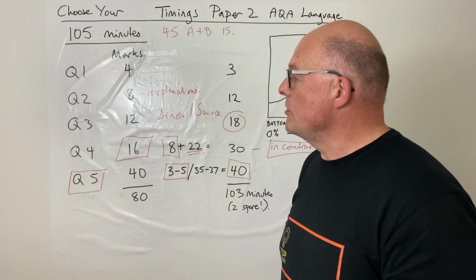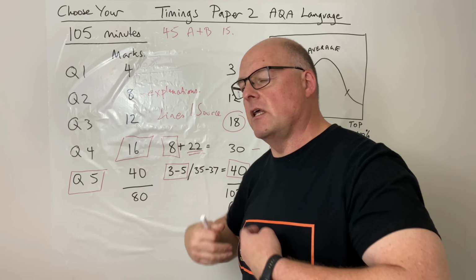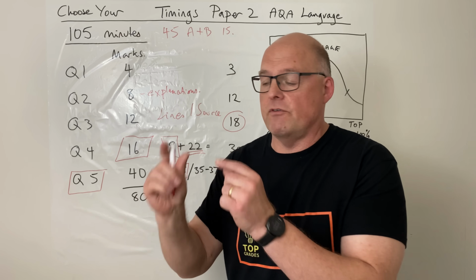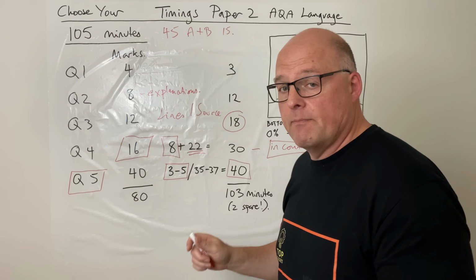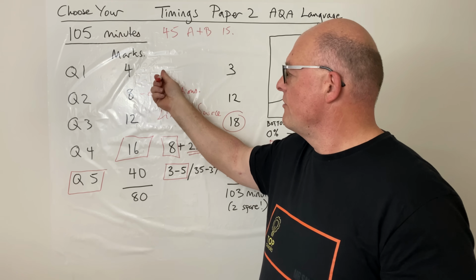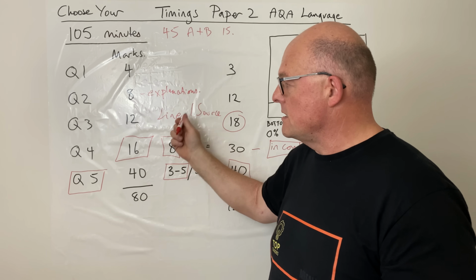Now, some of you will say, oh no, I want to do question 1 first, get my feeling of confidence in the exam. Hey, you can do that because you only have to read a small section of the source. It wouldn't waste much time. However, it will take you longer if you do question 1 first because you won't be as familiar with the text as if you do it later.